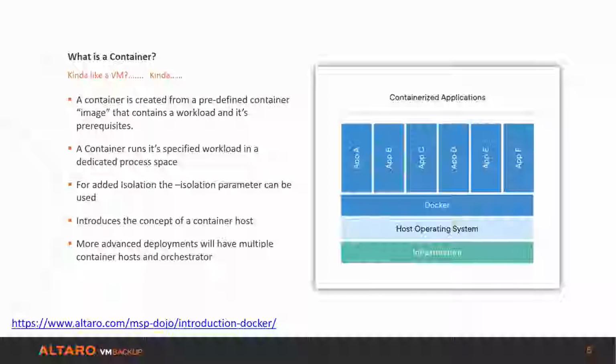That image contained your operating system, and it contained all of the different bits and pieces needed to run the applications contained within. When we're talking about a container, it's the same concept, but the container only has a single workload inside of it and all of the prerequisites needed for that workload. If you've got a web app that you want to run inside of the container, it's going to contain a web server of some sort.